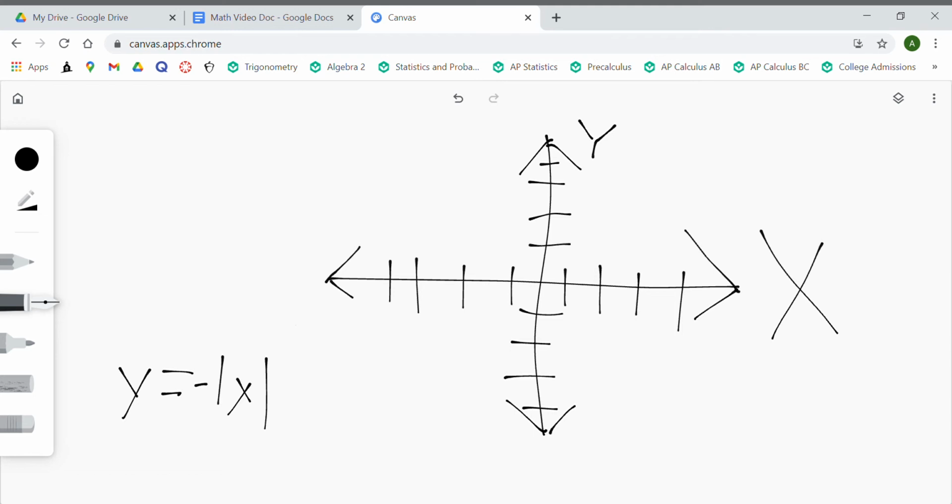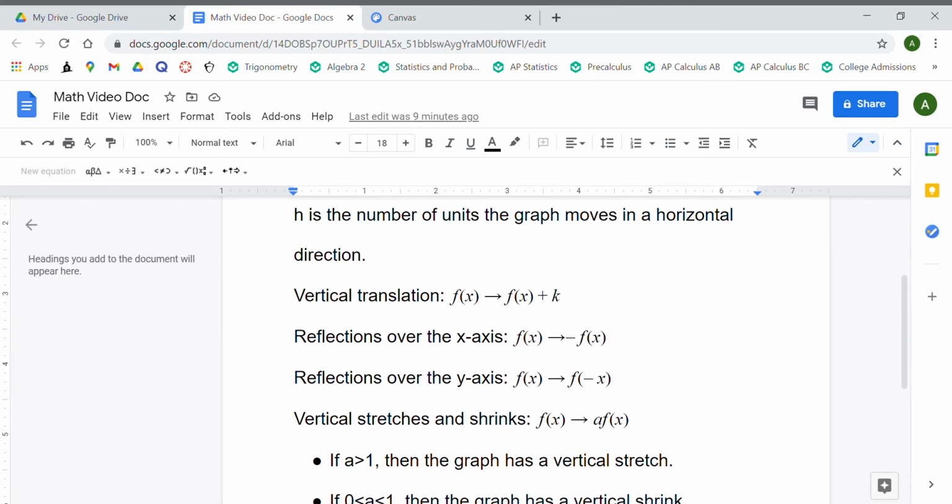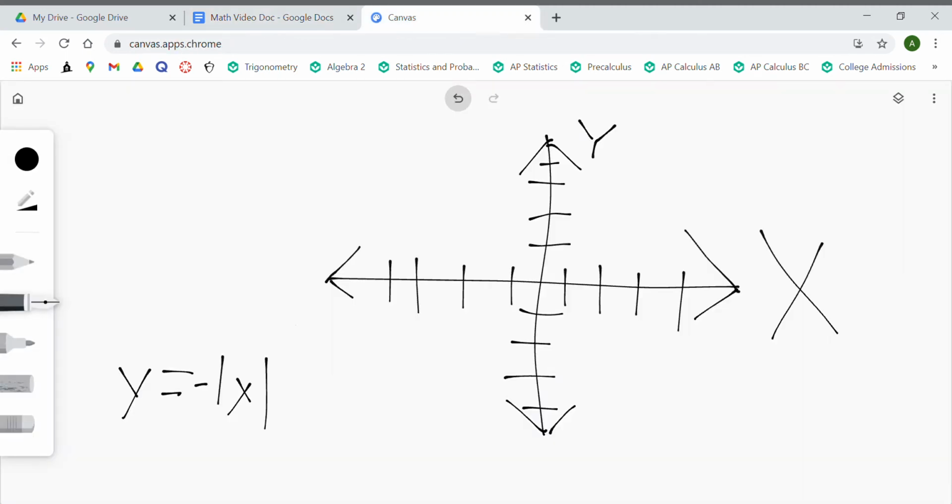So remember in my previous video that whenever we have the negative sign here, we have to flip it over the x-axis, pretty much. So we have the V shape going up, but since we have a negative sign, we have to go down. Awesome. Yeah.